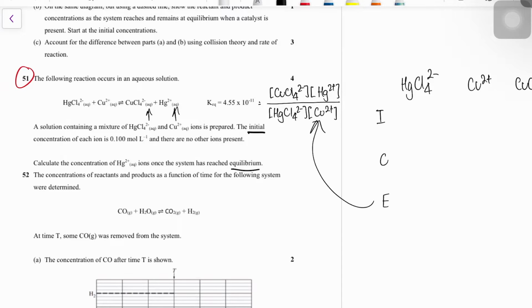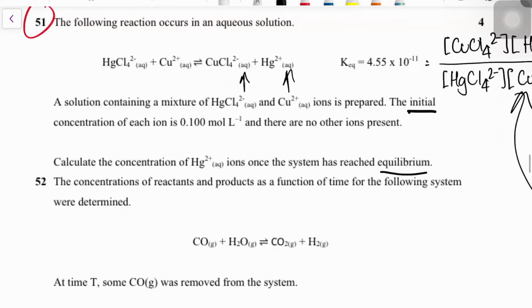My initials, they've told me, are 0.1 molar of each ion, my HgCl4 2- and my Cu2+. The fact that they've already given me concentration means that I can pop it straight in, but be careful. If a question gives you moles and tells you the volume separately, then you need to calculate the concentration.